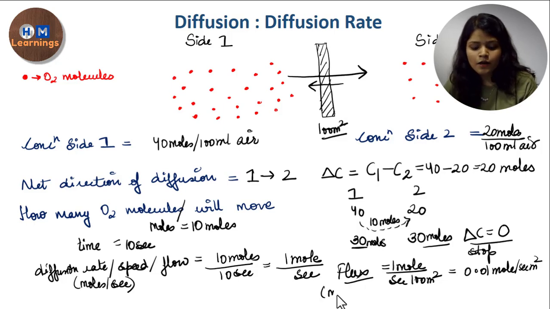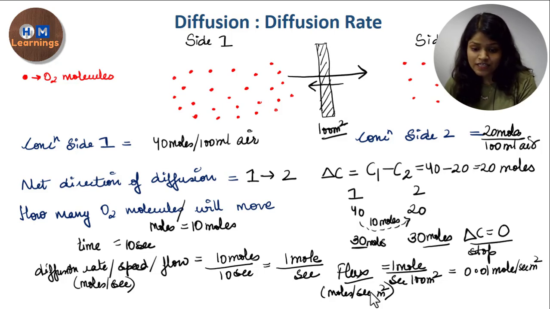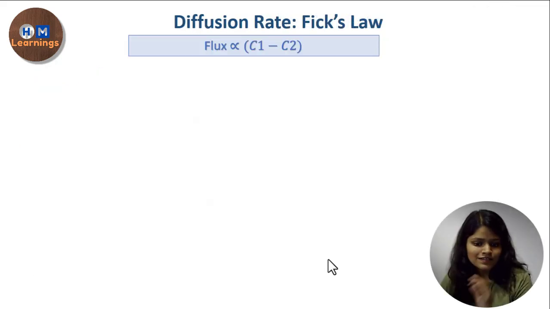So flux is moles per second per meter square. This is the difference between a flow and a flux. Flux is talking about per unit meter square of area of the barrier across which the diffusion is happening. So Fick's law is actually defining the flux. According to Fick's law, the flux is directly proportional to the concentration gradient.